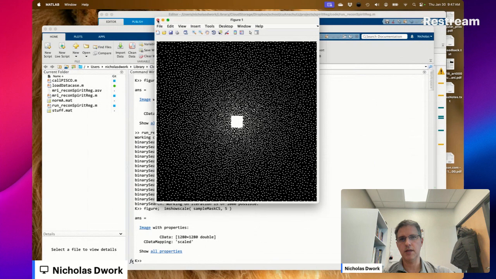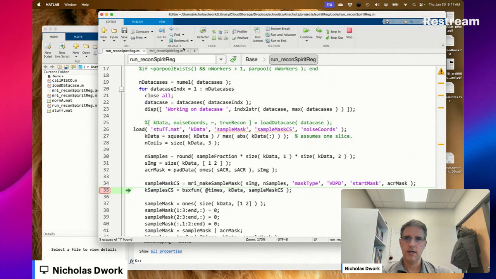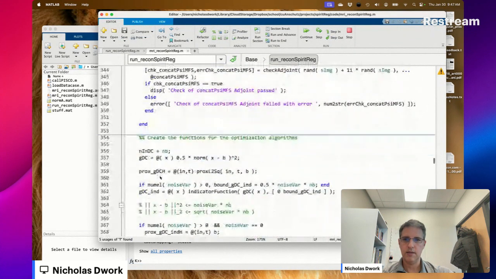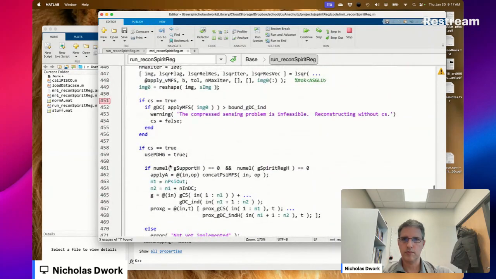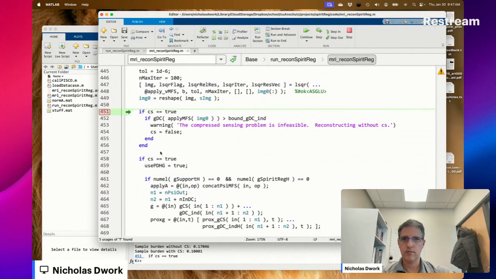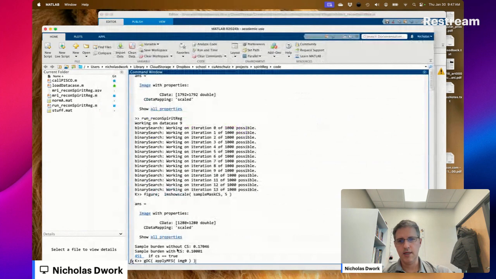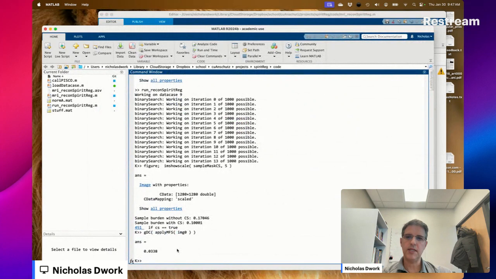Still have the fully sampled center region. Is that overdetermined? Bound is 1 times 10 to the negative 6. This is 3 times 10 to the negative 2. So that wasn't enough. What I just did is reduce the number of outputs. I reduced the number of rows of MFS.